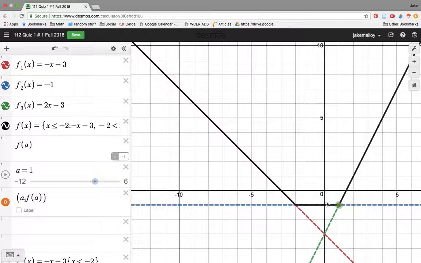So we fill in the whole domain. So from -infinity to +infinity, every input value, every real number input value is going to work just fine.